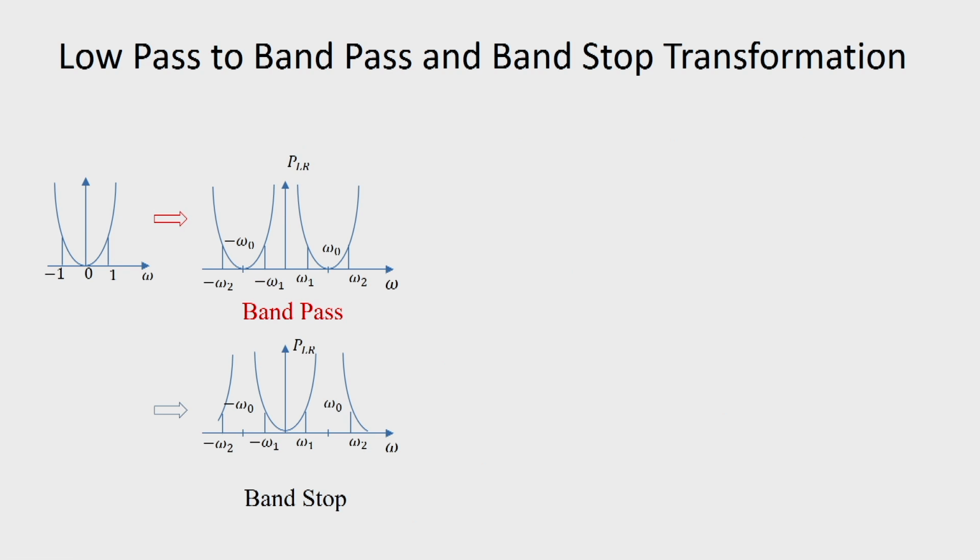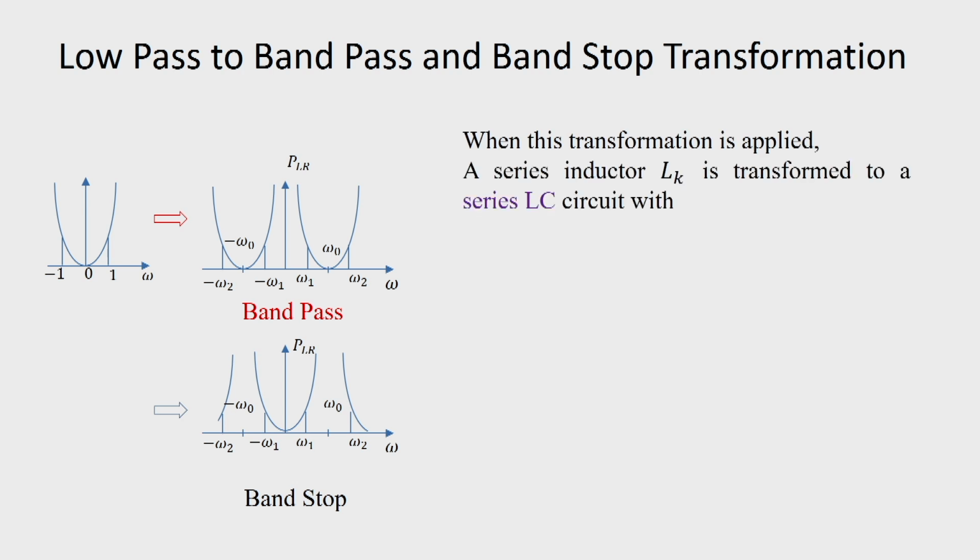Similarly, when we perform band stop transformation, so when this band pass transformation is applied, a series inductor L k is transformed to a series L C circuit, and the values of this L and C parameters are given by this.